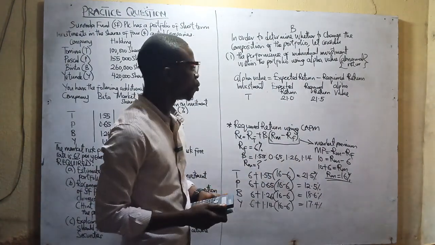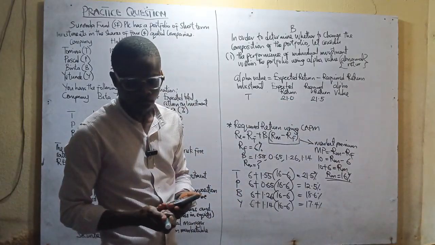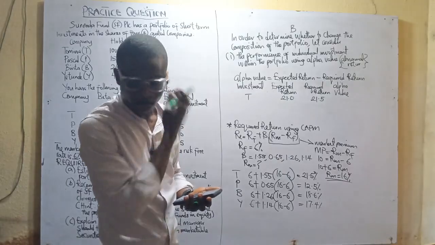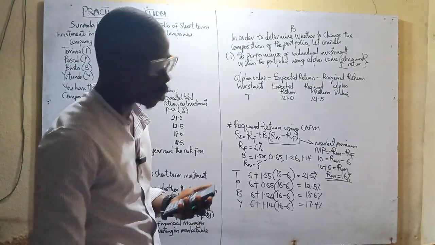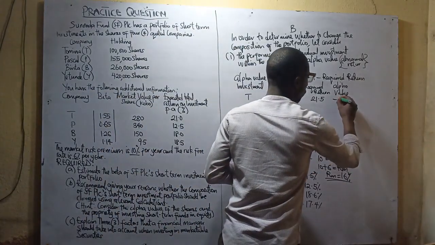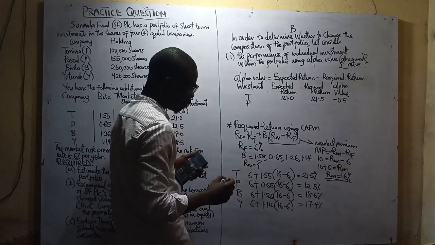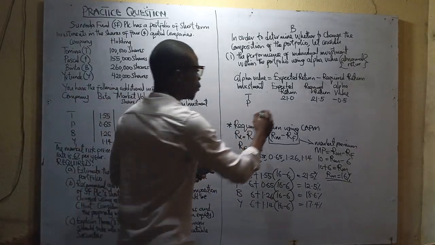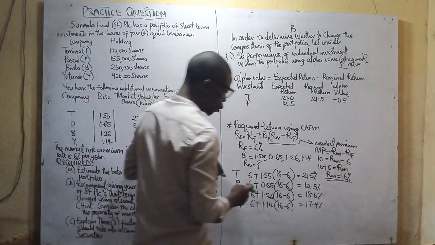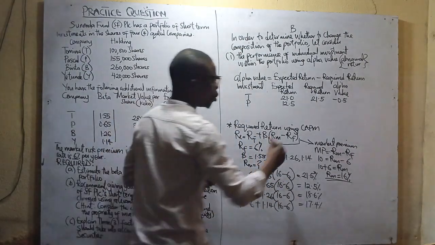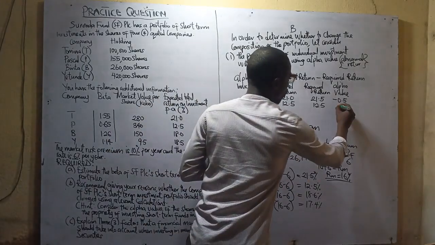So 21 minus 21.5 will give us minus 0.5. So let's go to P. We have expected value to be 12.5%. What's our required return? Required return is 12.5. So 12.5 minus 12.5 will give us 0.